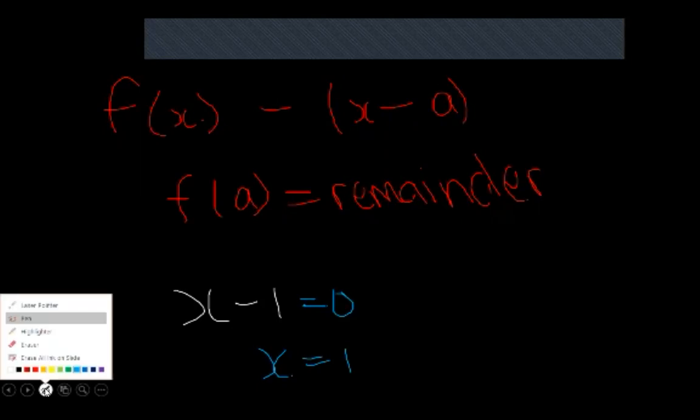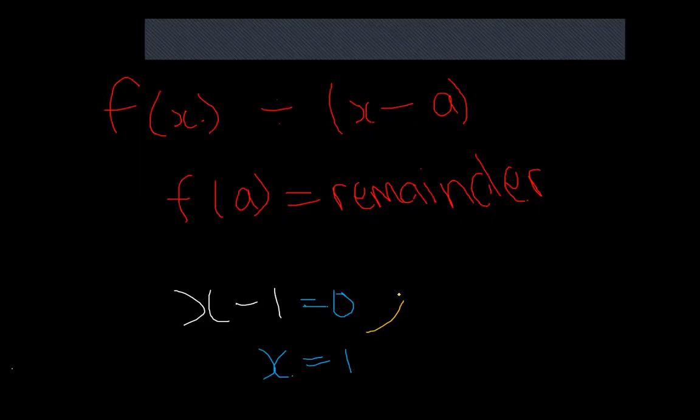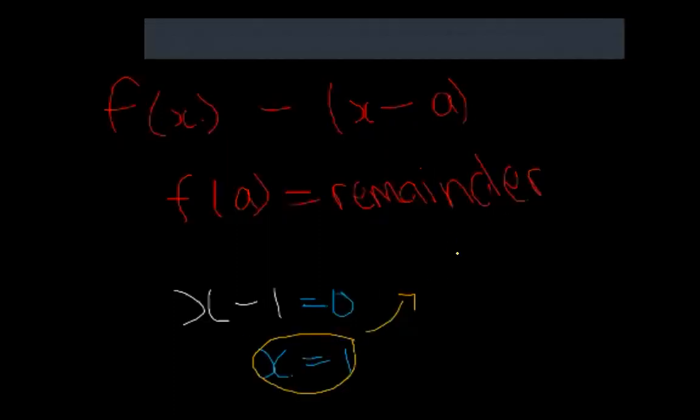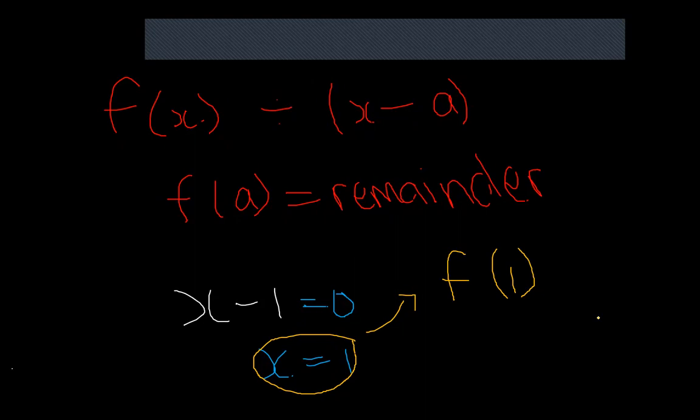And the next step, it said substitute this value into the function. So what this rule says, f of 1, whatever value you get after replacing the x's with 1, that answer is going to be your remainder.